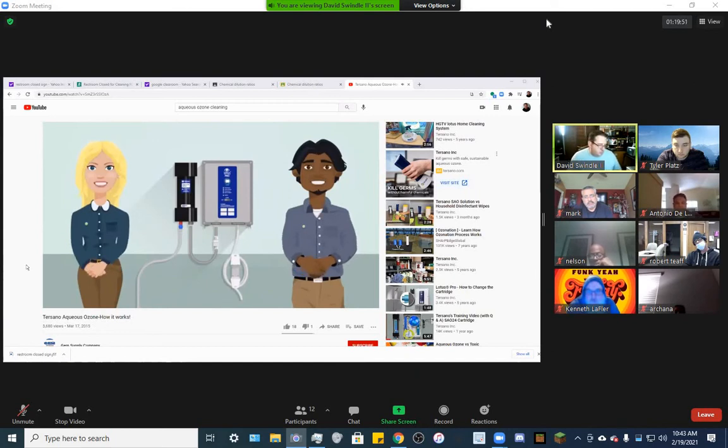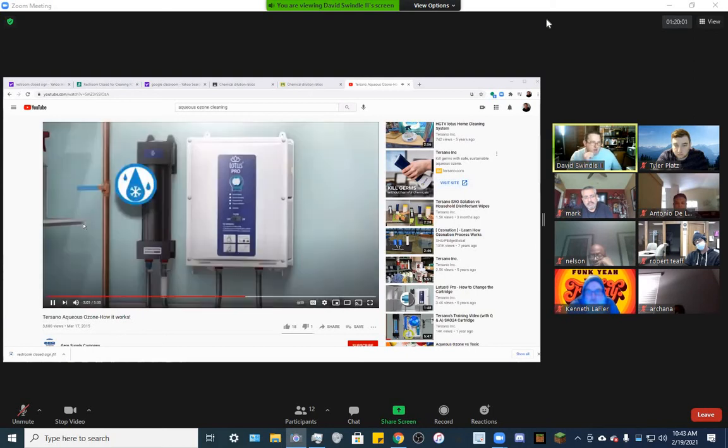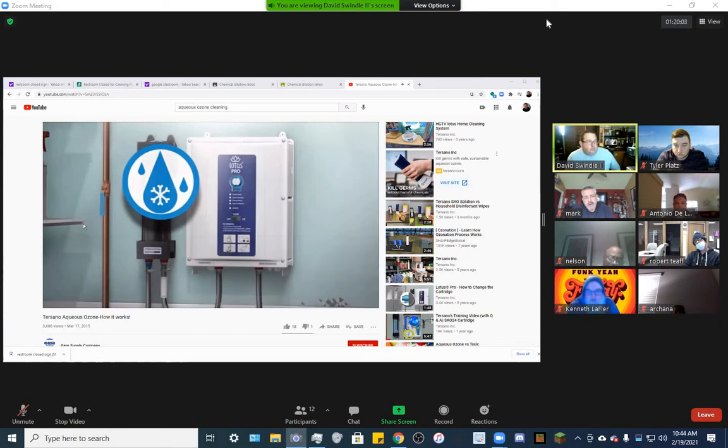It is simple to use and allows you to clean all sorts of surfaces with just one product. Getting started is easy. When using the Lotus Pro, make sure that cold water is flowing through the hose and turn the switch on the Lotus Pro to on. Wait for the green system ready light to be on and go.